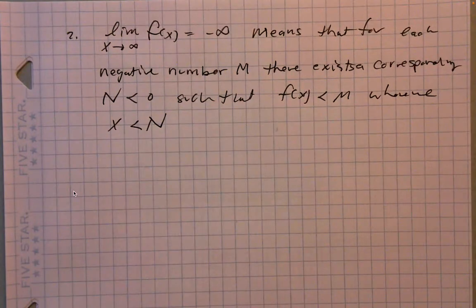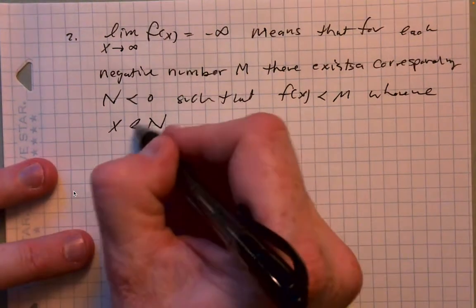Okay, so same idea, but here we're just on the negative side. Oh, I'm sorry, x greater than n.